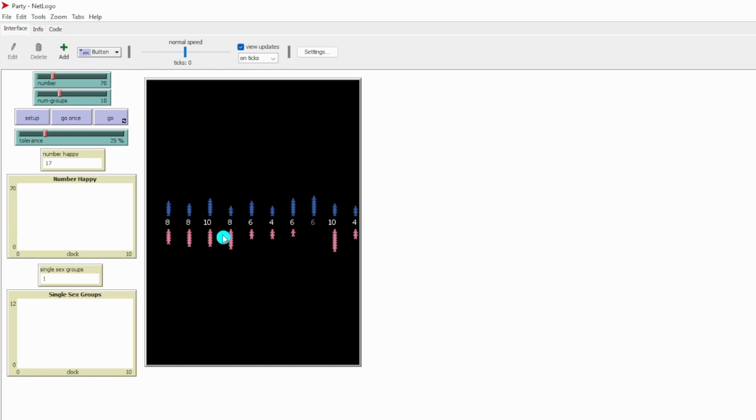In the third group, we have 10 people. And this group has 6 people, 5 men and 1 woman. The white colors of these numbers means this group has both men and women. The gray color means in this group, we only have one sex. For example, here we only have male partygoers.